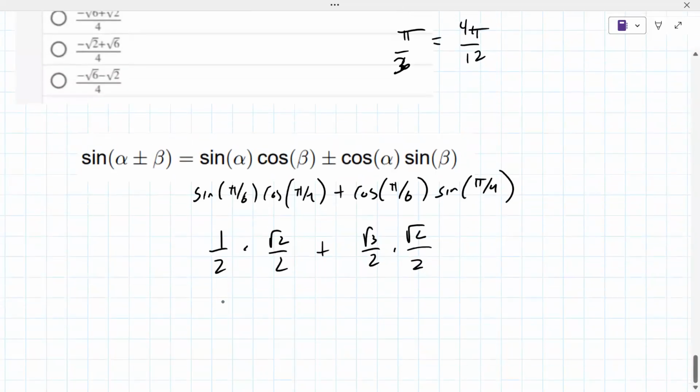So you end up getting square root of 2 plus square root of 6 over 4. Okay. Perfect.